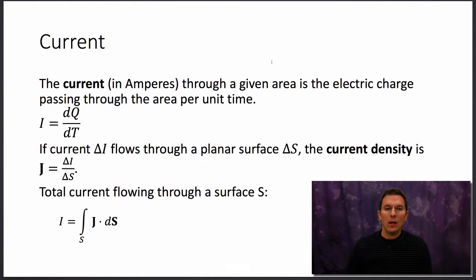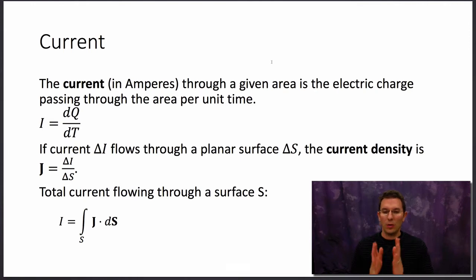Well, what exactly is electric current? The current, in units of amperes, through a given area is the electric charge passing through the area per unit time.